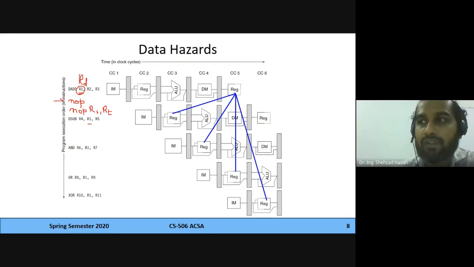So you have to insert two no operation instructions in between. So that's one solution, that you can have two no operation instructions in between, right? Okay, but that's not a good solution.